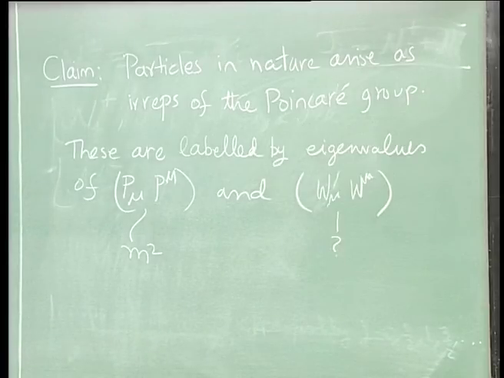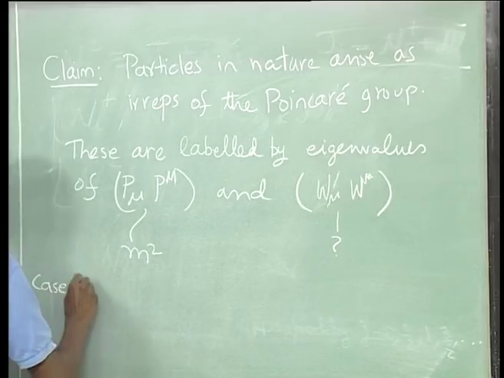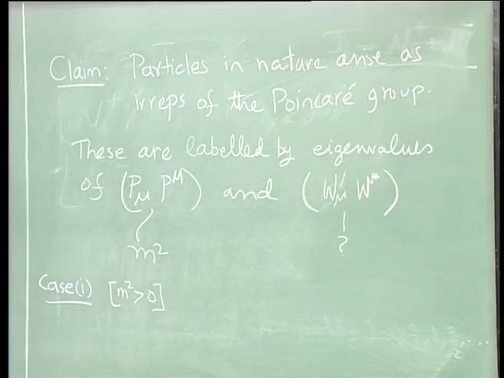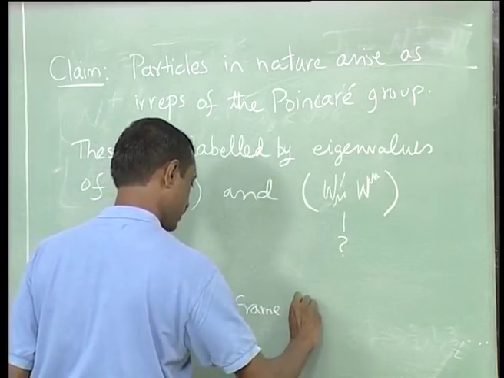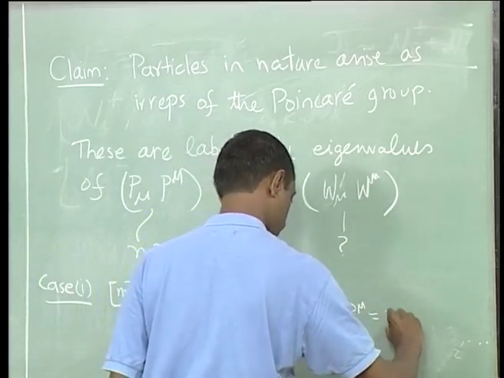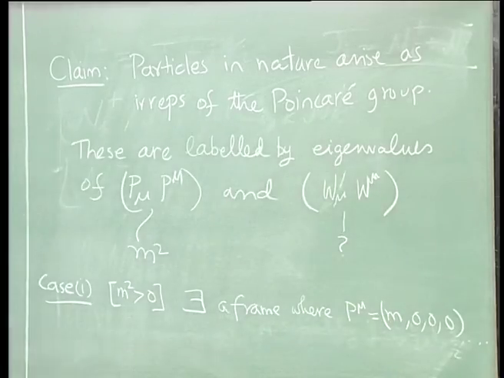Okay. So, first step is to consider the case, there will be three cases to consider. Strictly greater than 0, this is the case of a massive particle. Okay. So, in this case there exists a frame where P mu is at rest. What is this frame called? The rest frame. So, let us ask what is W mu in such a frame.